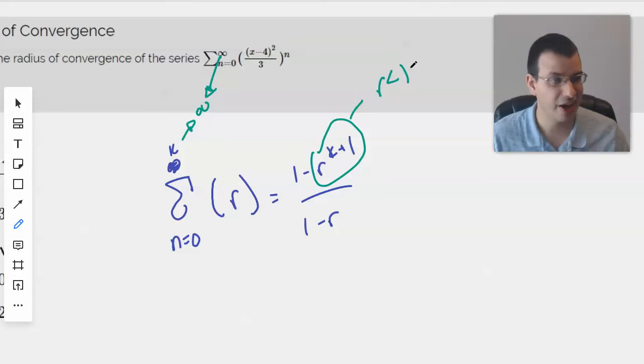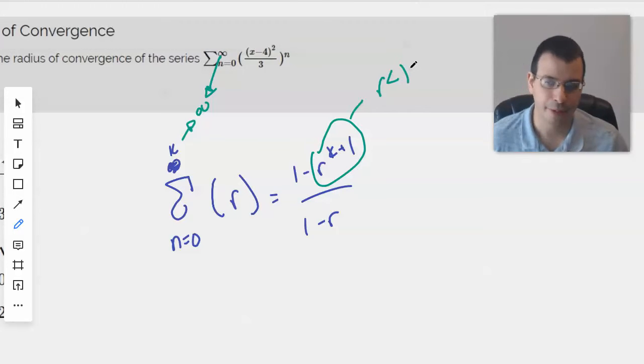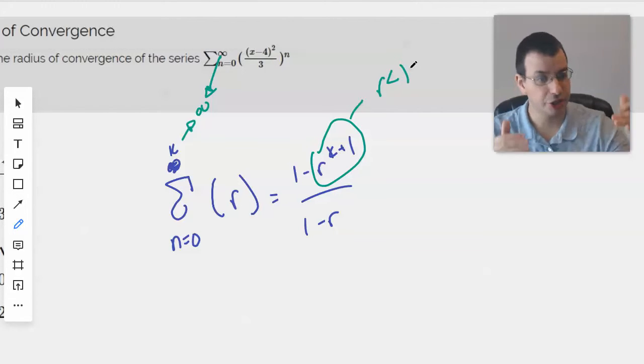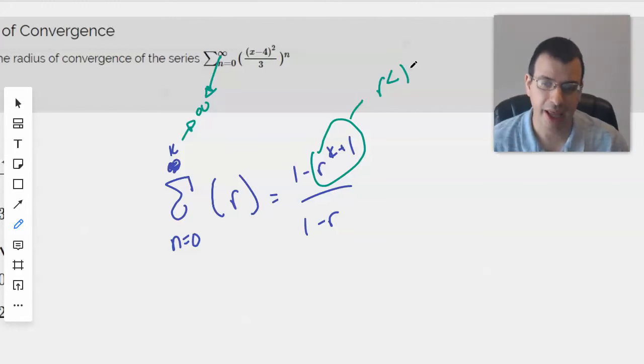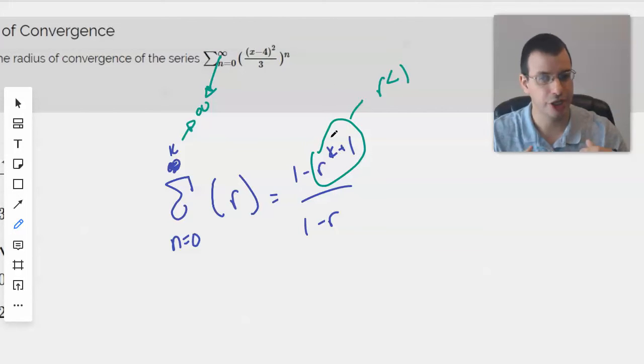If you take a value like 1.1 and raise it to infinity, it's going to be kind of slow because it's only going up by 10% each time, but eventually you're going to get to infinity. But if you do 0.9 to infinity, it's going to go down to 0. So you want this ratio r to be less than 1. That's when it's going to converge. When r is greater than or equal to 1, it's going to diverge.